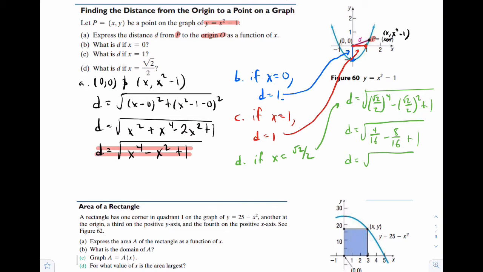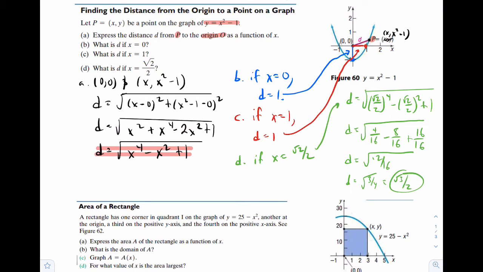So add that all together. This is 16 over 16, so we get 12 over 16, which is reduced, dividing by 4, to 3/4. So finally we get it. That's root 3 over 2. So this is a little more complicated.